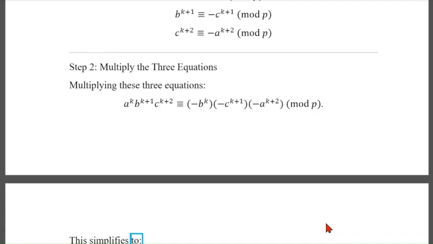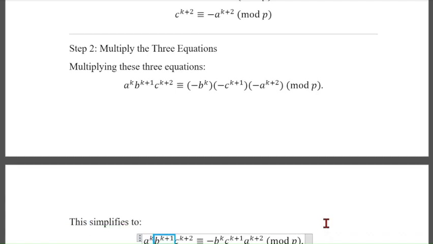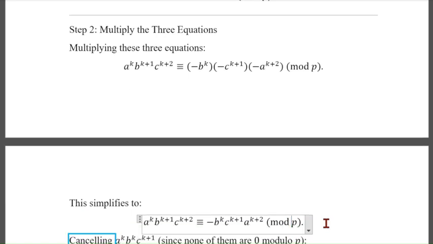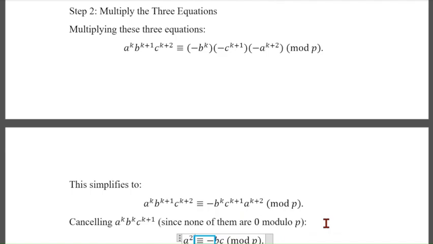This simplifies to a^k b^(k+1) c^(k+2) is congruent to -b^k c^(k+1) a^(k+2) (mod p). Cancelling a^k, b^k, c^(k+1), since none of them are 0 modulo p, we get a^2 is congruent to -bc (mod p).